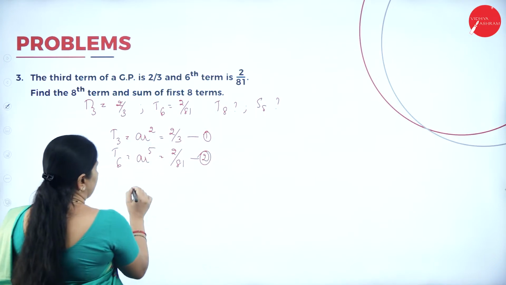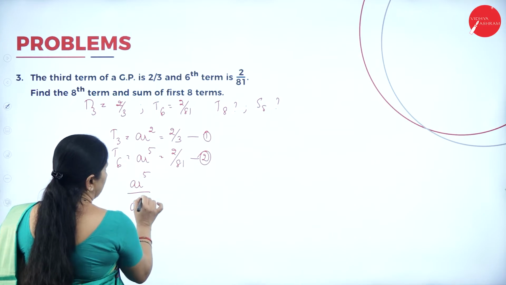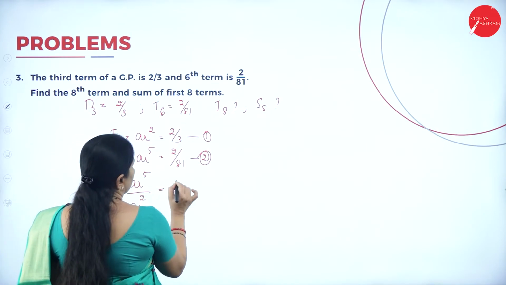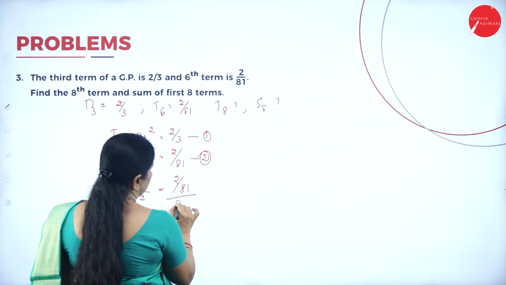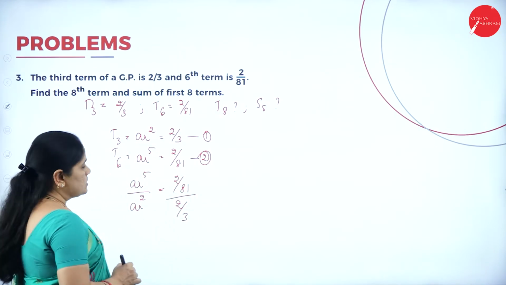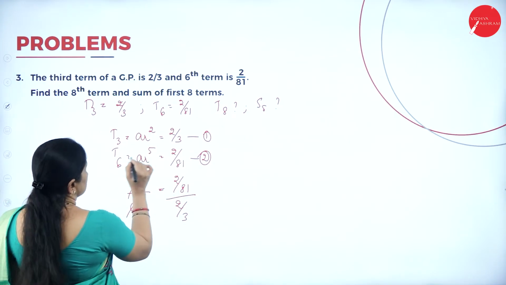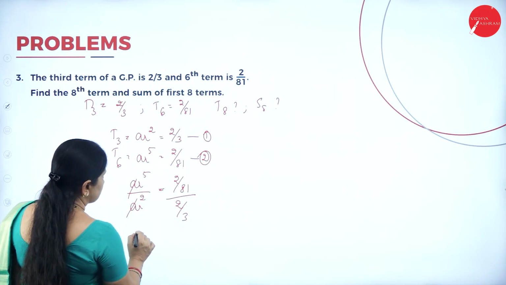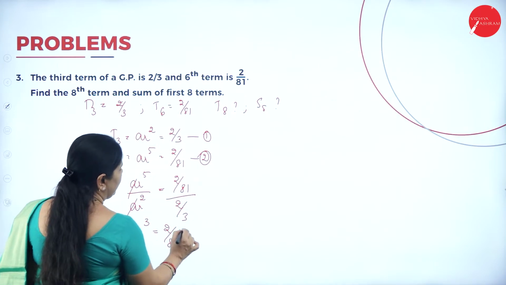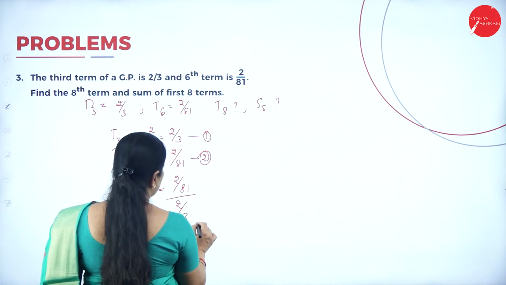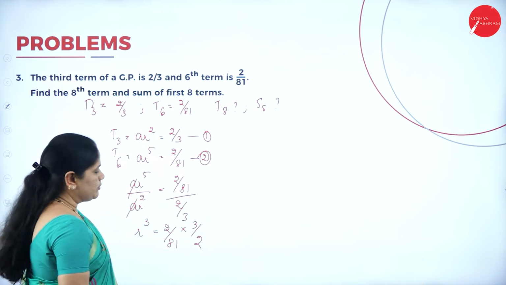So when I divide AR to the power 5 by AR to the power 2, it equals 2 by 81 divided by 2 by 3. So when I divide this, A and A get cancelled. So this will be 5 minus 2, that is 3. R cube will be equal to 2 by 81 into 3 by 2. I have to take the reciprocal here.